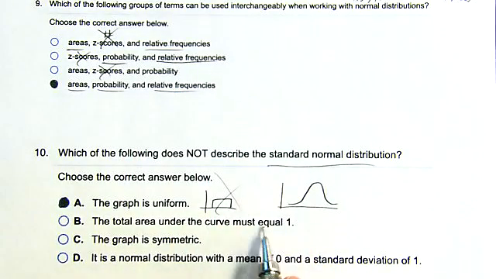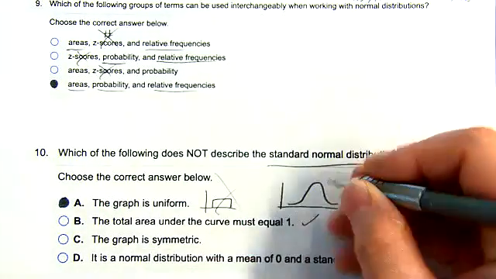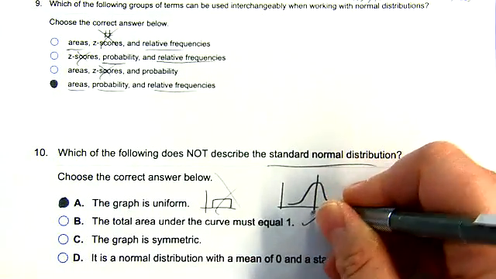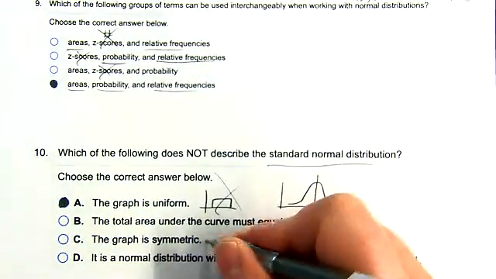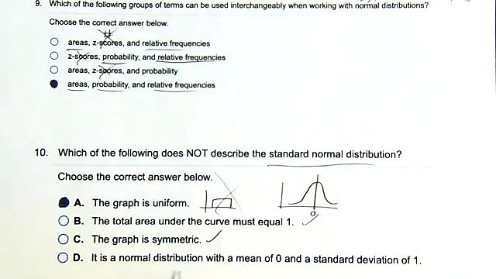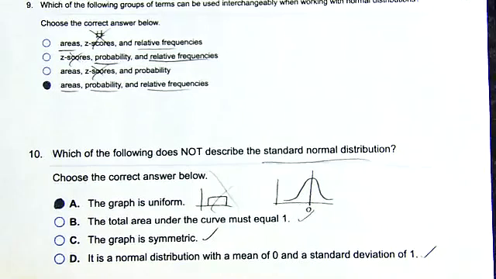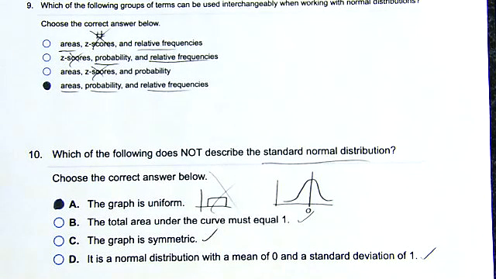The total area under the curve must equal 1. Yes, that's true. We saw that. The graph is symmetric. Yes, symmetric about the line z equals 0. It is a normal distribution with a mean of 0 and a standard deviation of 1. Check. Okay, so that'll complete section 6.1.